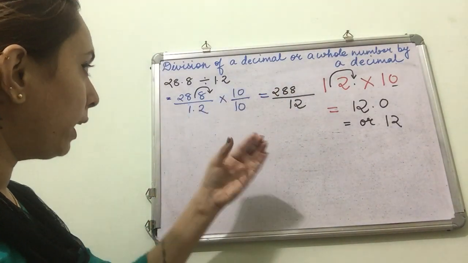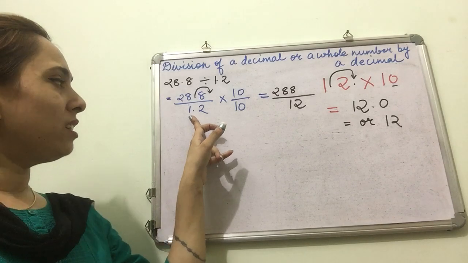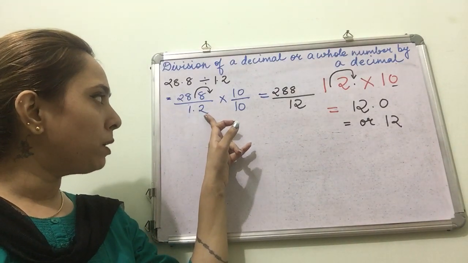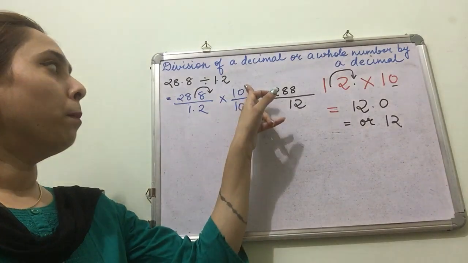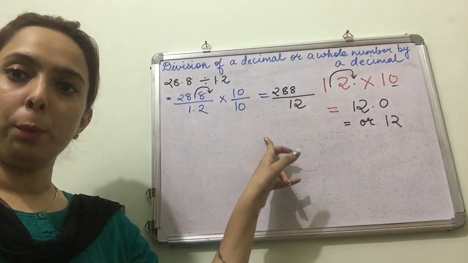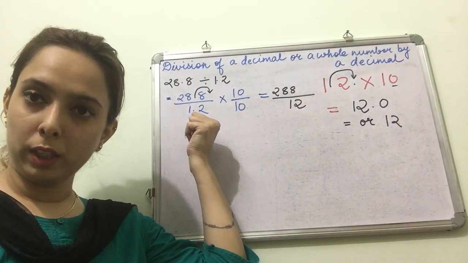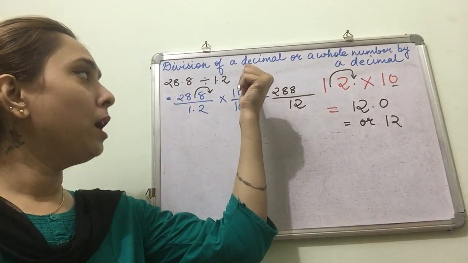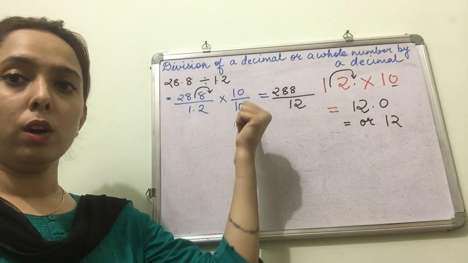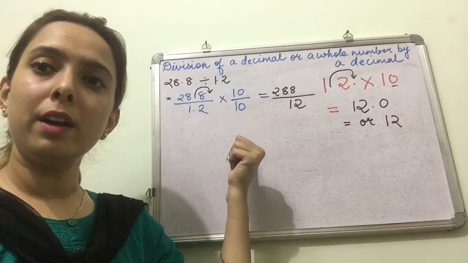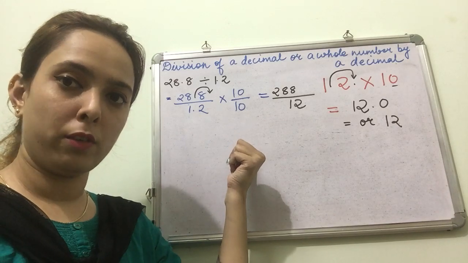I'm explaining again. Divisor is 1.2, so here we have only one decimal place. That is why we are multiplying numerator and denominator by 10. If there were two numbers after the decimal, we would multiply the numerator and denominator by 100, so that our divisor gets converted into a whole number.